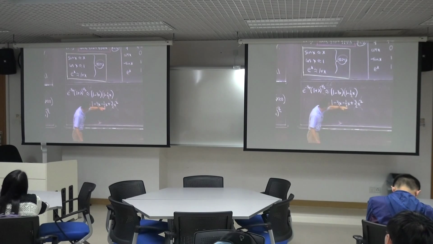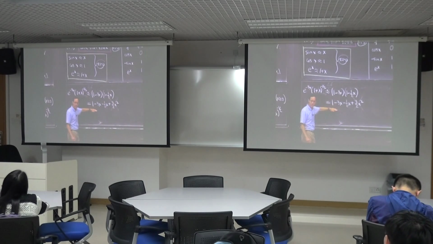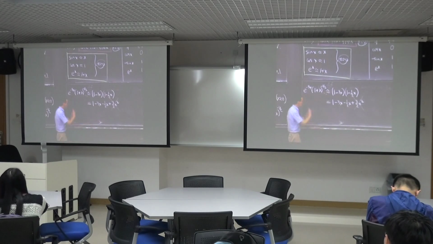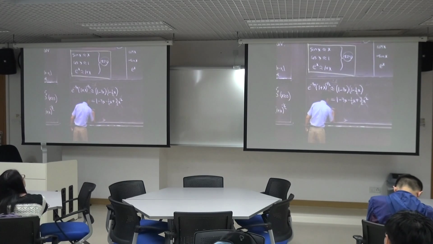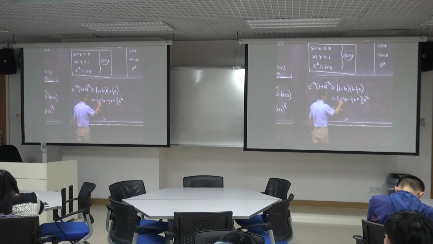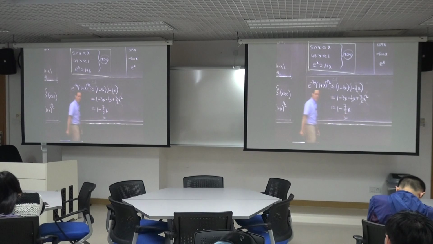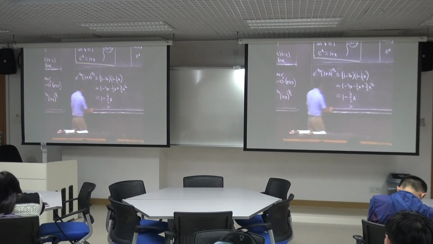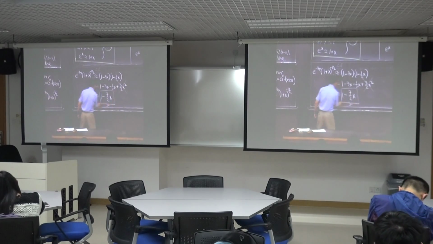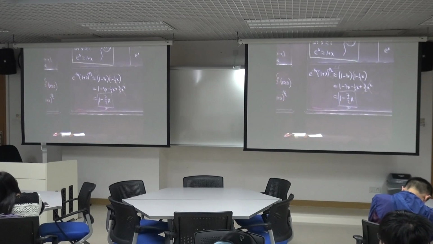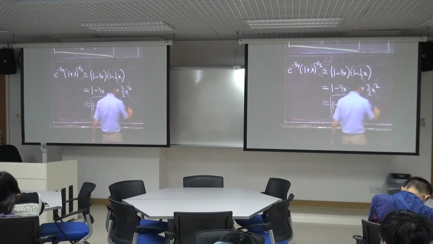And in fact, I only want to be left with the linear stuff, because that's all I'm really getting a valid computation for. So this is approximately 1 minus, so let's see, it's a total of 7 halves x. All right? And this is the answer. This is the linear part. So the x squared term is negligible.